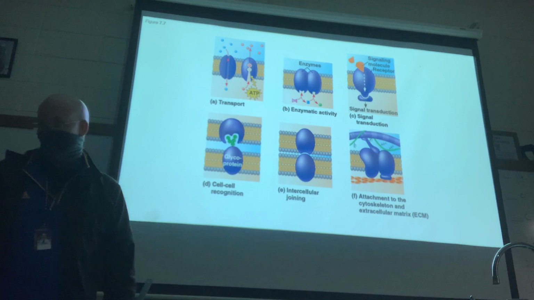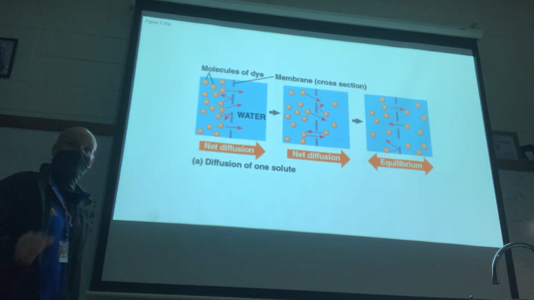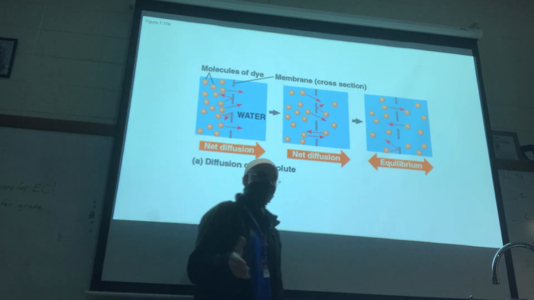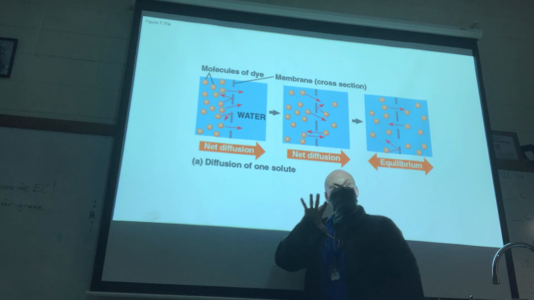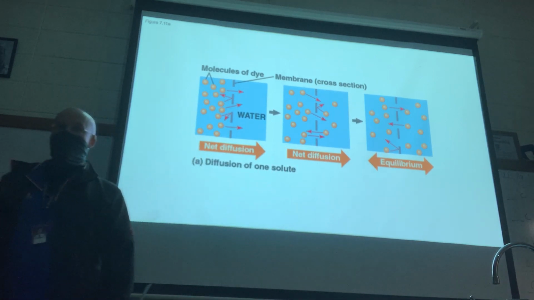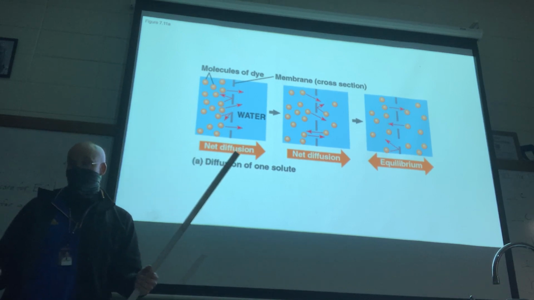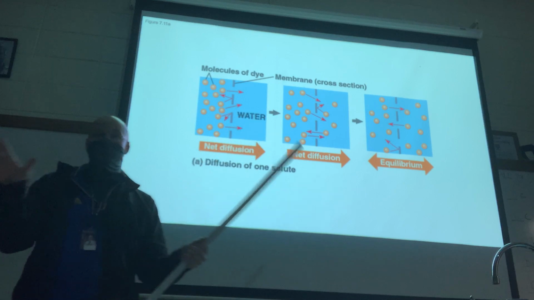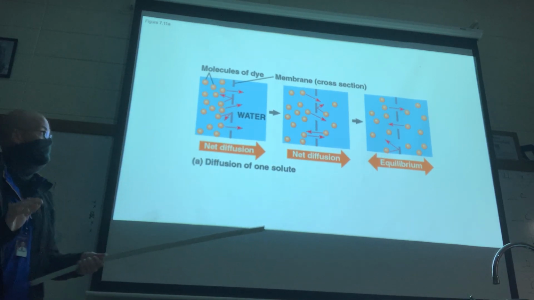Okay, so a lot of this chapter and a good part of this unit is about materials moving across the membrane. How does a cell get stuff in and kick stuff out? And that's what we're going to spend the rest of this chapter on. All of these things we have touched on, but I'm going to go into more detail with them.